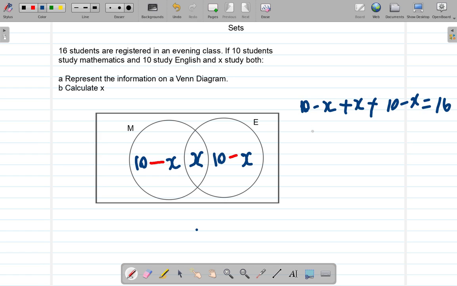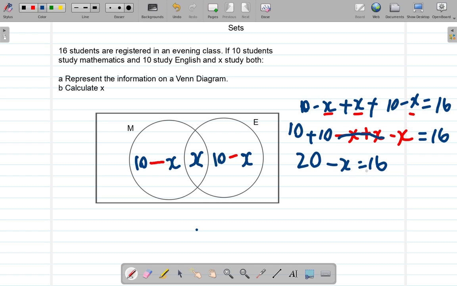Let's put all numbers together and all X's together separately. 10 here plus 10, then the X's minus X, that's this one, plus X, which is this one, minus X, which is this one, equals 16. Good. 10 plus 10 is 20. Negative X plus X is 0, so that's gone. Minus X is equal to 16.